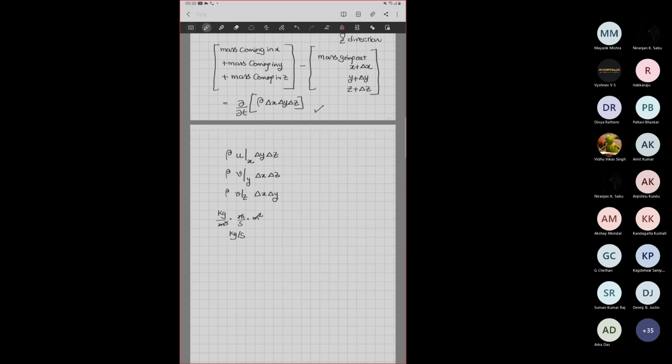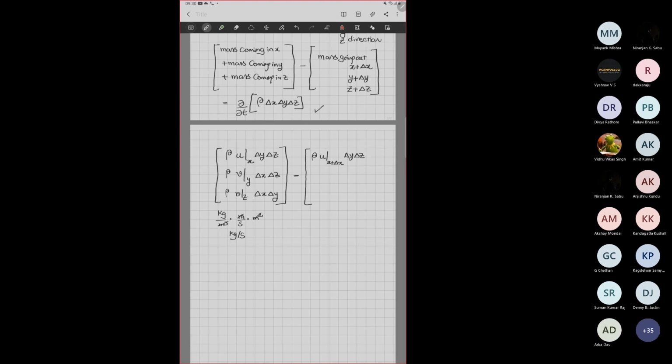This much amount of mass is coming in. Now let us estimate the mass going out of the system. Minus rho in the x direction, velocity u calculated at x plus delta x, multiplied by delta y, delta z.